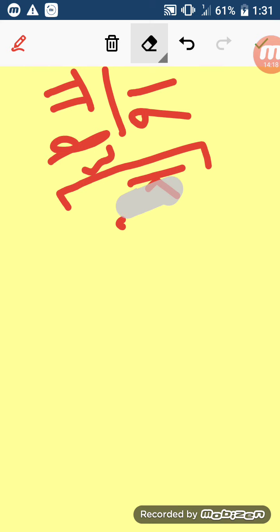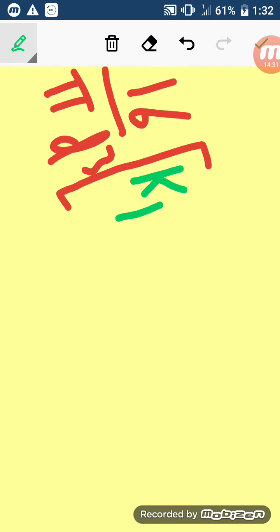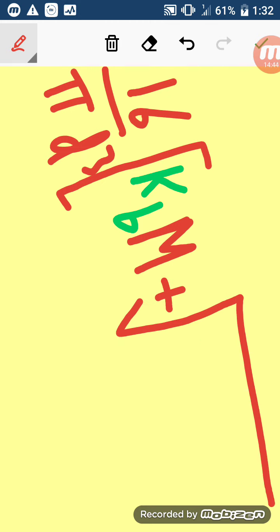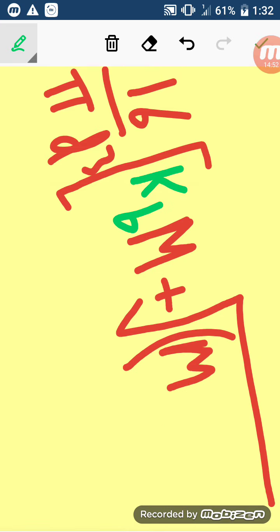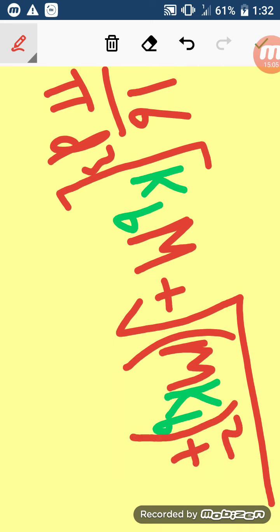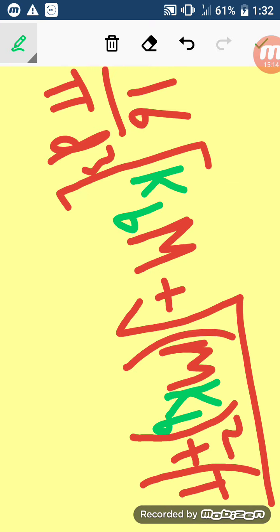So KB M plus under root, bracket KB M square plus KT T square.